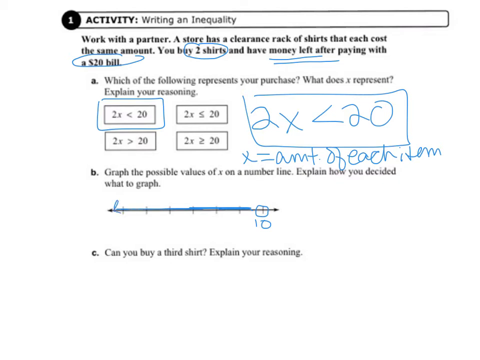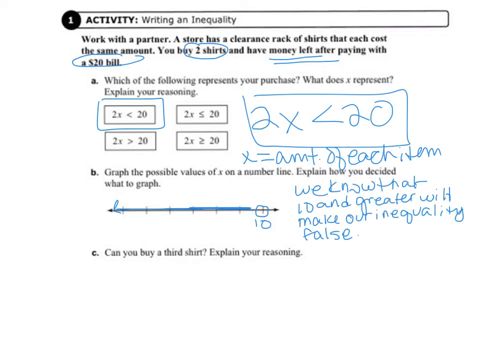So our arrow goes to the left. So anything less than 10 is a solution for our inequality. So for an explanation, I wrote that we know that 10 and greater will make our inequality false. So that's how we explain how we decided what to graph.